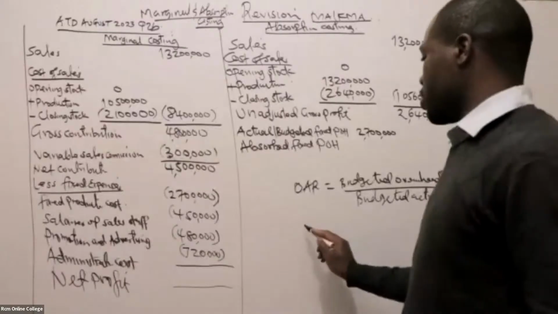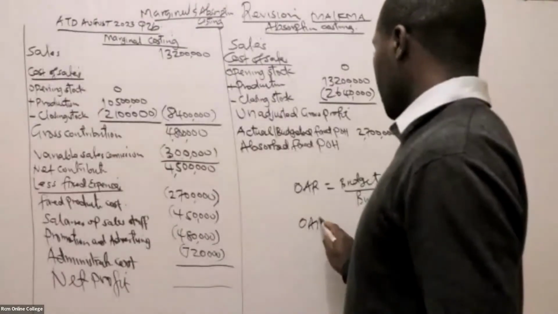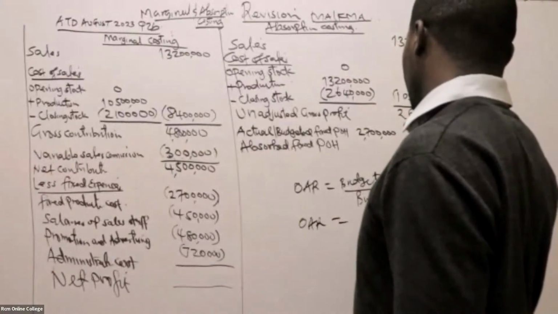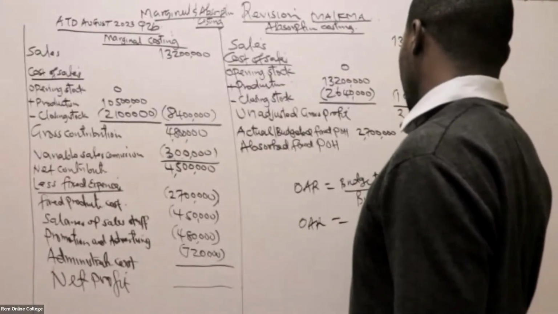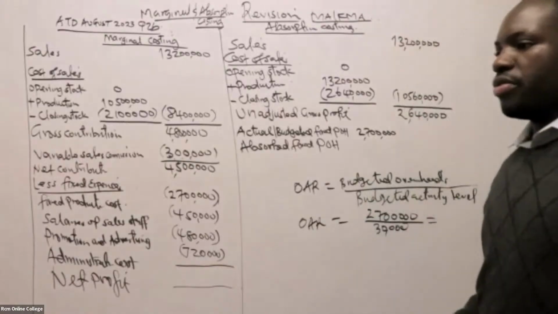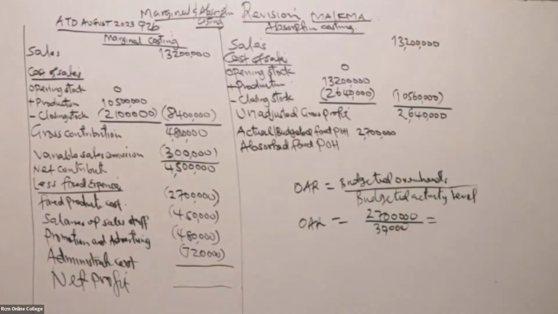So can we get our overhead absorption rate? Budgeted fixed production overheads is 2,700,000. We divide by budgeted activity level of 30,000. What is our overhead absorption rate per unit?